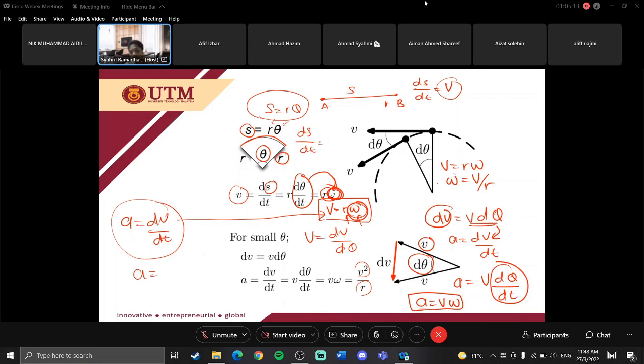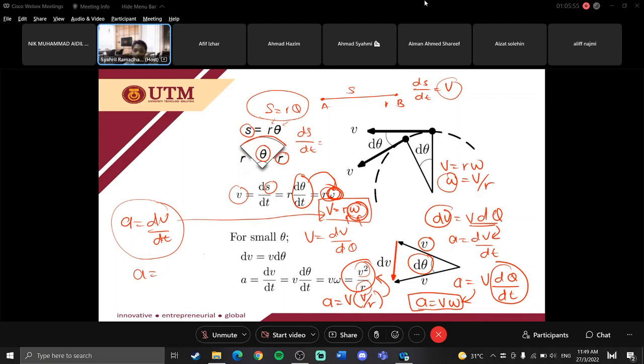Substitute omega into this equation, then you get a is equal to v times v over r. That's why you get this equation, v squared over r. This is the equation of normal acceleration. You can refer to this slide for how to get v squared over r, the derivation of velocity and acceleration when the particle moves in curvilinear motion.